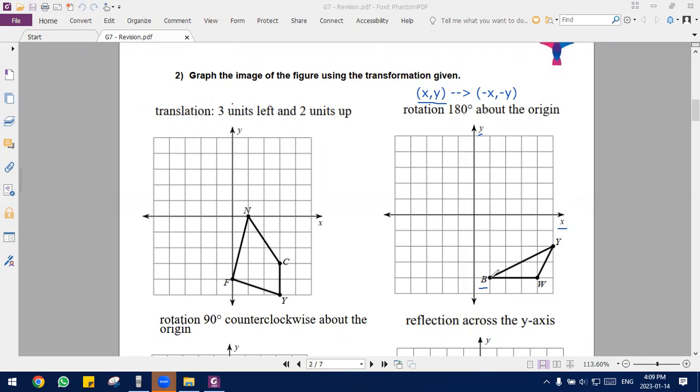Now I need to know the coordinate of this point B. I need to write it as x, comma, y. So what is the x value? Look, this point here is the 0, 0 point, the origin. Now, when I need to go to x, I'm moving one step. So here the value is 1 for x.